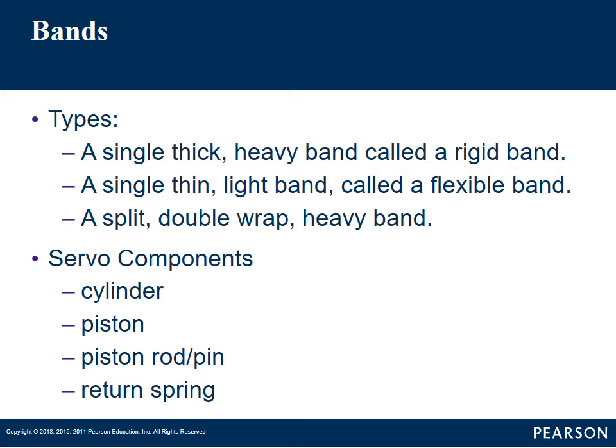It's going to have a cylinder that the piston rides in, and then we're going to have a rod or a pin on that piston that pushes on the band itself, and then we need a way of returning that piston, and we use a return spring to return that piston to its rest position when we no longer want to apply that band.